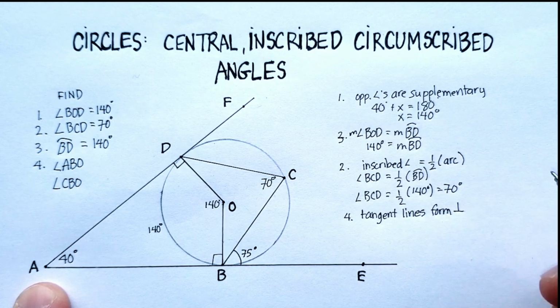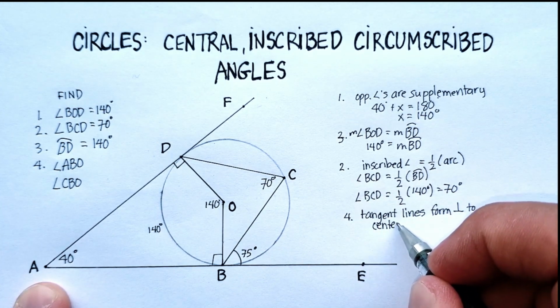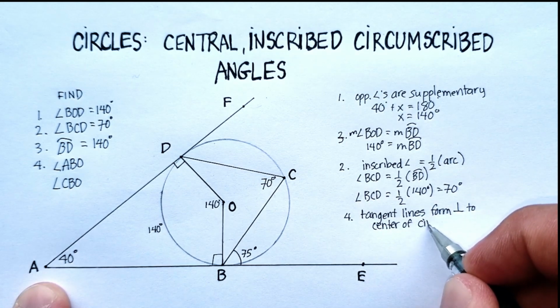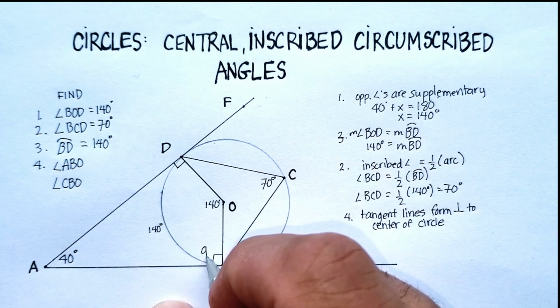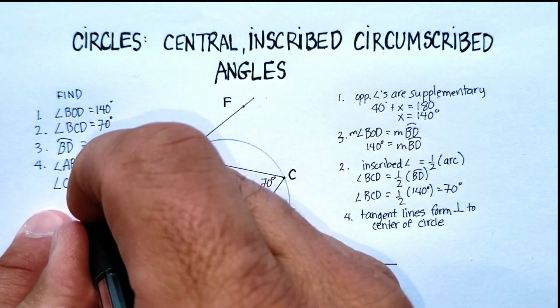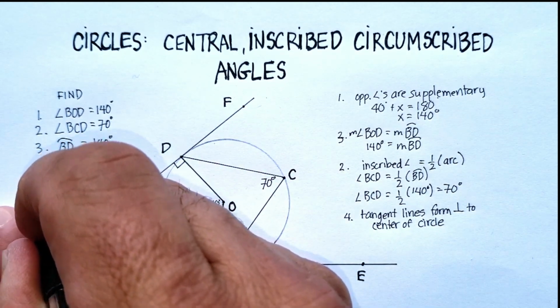This is the symbol for perpendicular to center of circle. And we know that perpendicular lines are 90 degrees. So let's just go ahead and put that in there. All right, there's our 90-degree angle.